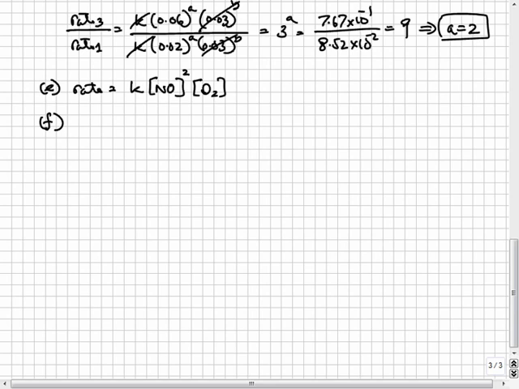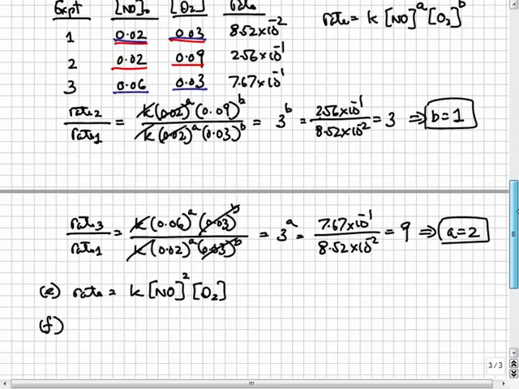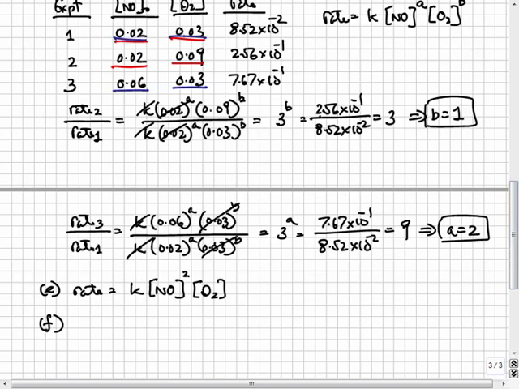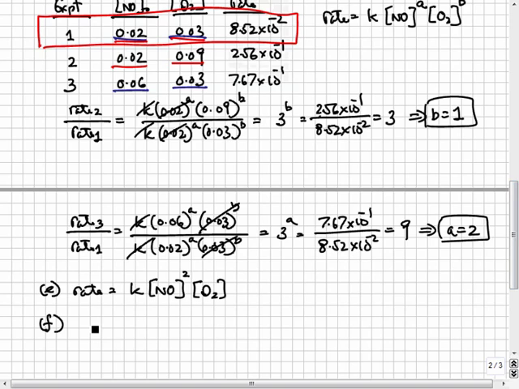F. To calculate the value of the rate constant, we can plug in the known data from any experiment into the rate law. We will pick the first one. It is important to remember that the correct unit for the rate is molar over second.